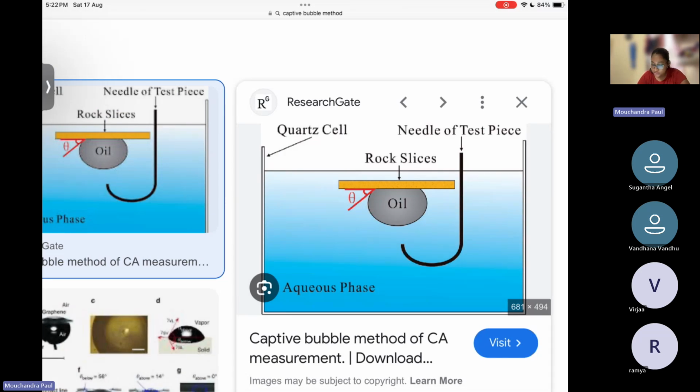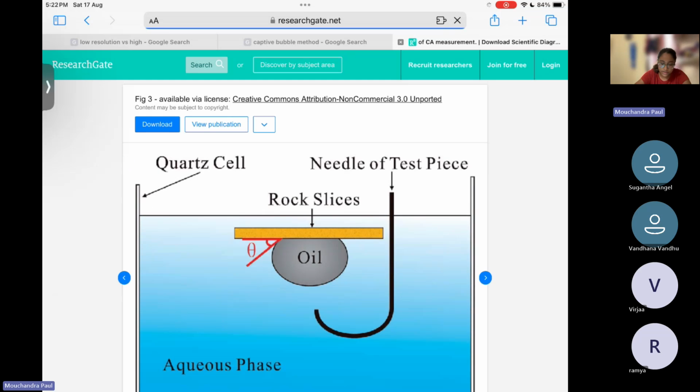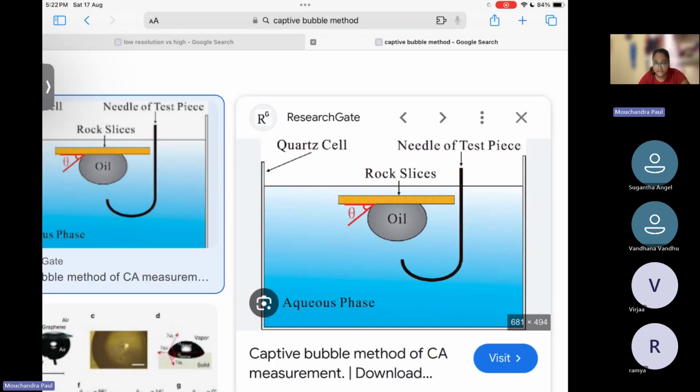So here, we have a surface, all right, and onto that surface they have put some oil, and the contact angle that is being formed between the oil and the surface is measured. So this is a method to measure the contact angle or to determine the wettability. Okay, this is a type of setup to measure the contact angle.